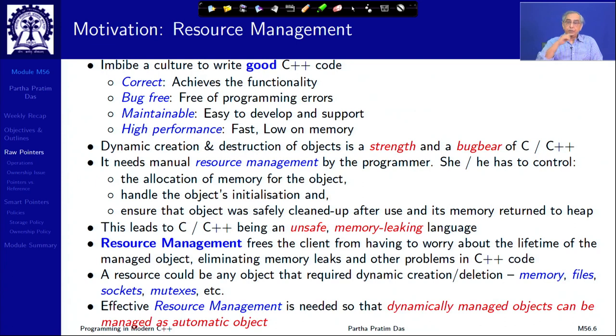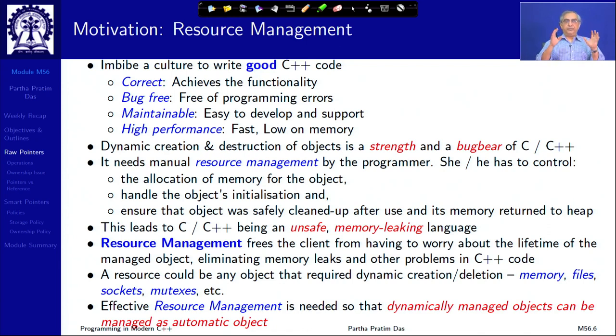Right? Because of this requirement, which comes from the enormous power of dynamic object management, often we the programmers fail to do things correctly, and that leads to the tag that C++ is unsafe, it is a memory leaking language and so on.